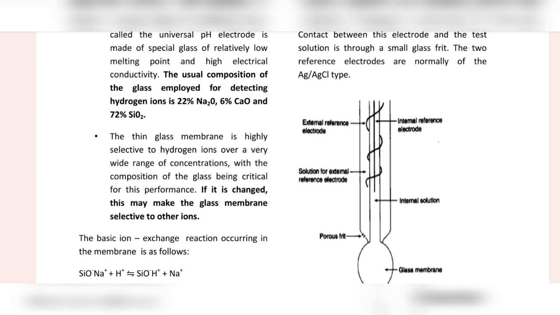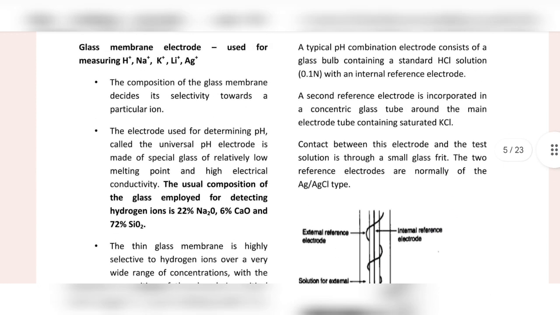Then the second reference electrode is incorporated in a concentric glass tube around the main electrode tube containing saturated KCl solution.